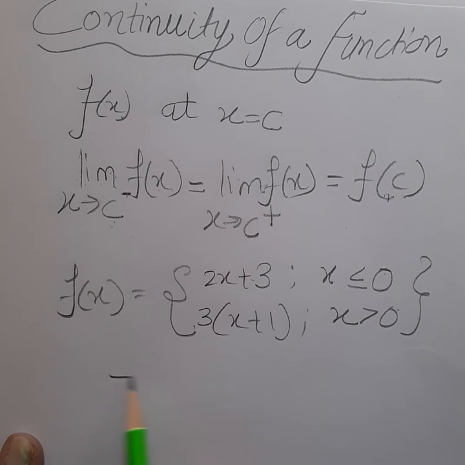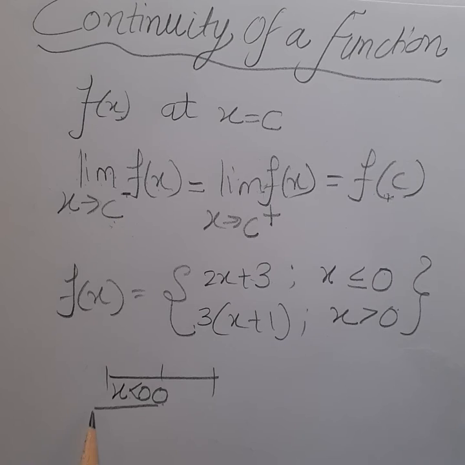Remember, when we see a number line and we take 0, the values less than 0 are on the left hand side, where we take negative values like -1, -2, -3 and so on, up to minus infinity.